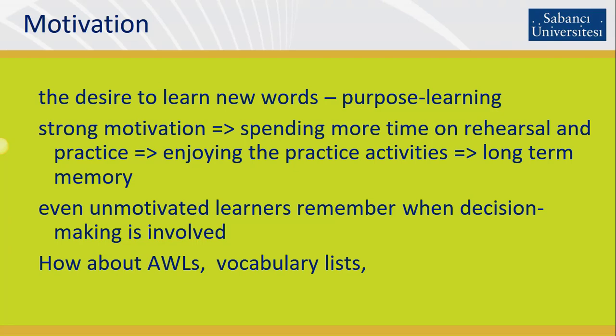And at this point, I'd like to remind you of the university students or EAP context. We need to remember the long word lists that the learner needs to learn in these contexts. And how can we incorporate cognitive depth, affective involvement, and motivation in all these?